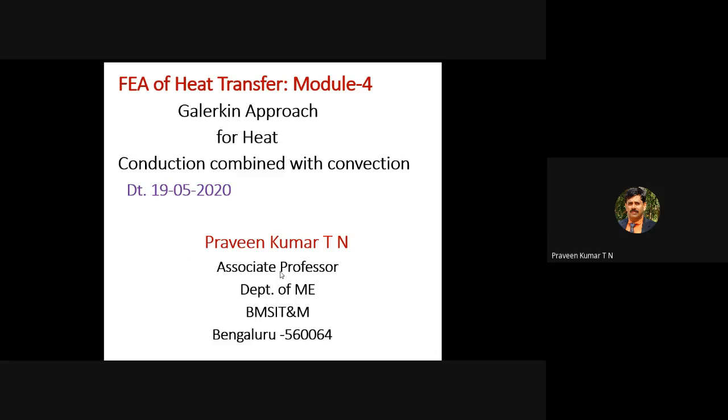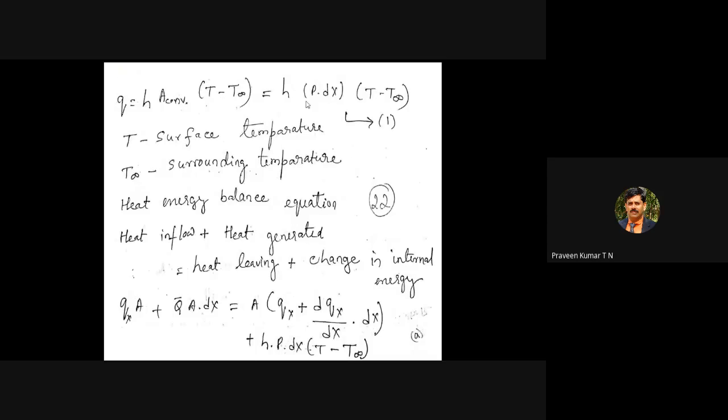Then the total convective heat transfer area becomes perimeter into dx. If it is a rectangular cross section, the perimeter is 2 into (w plus depth) for a rectangular rod. If it is a circular rod, then it will be pi into d.